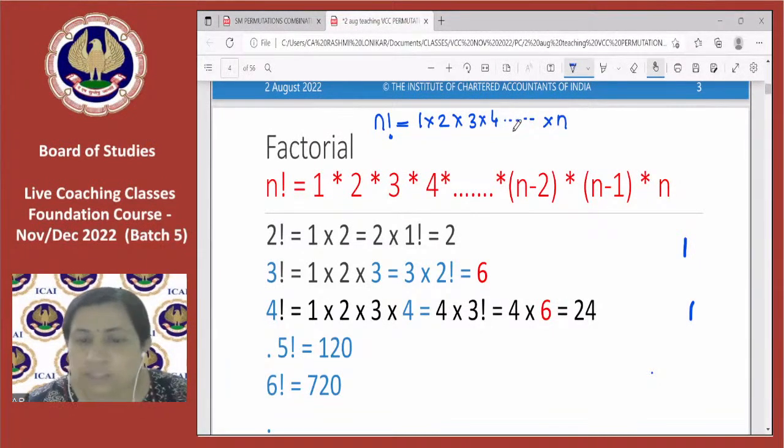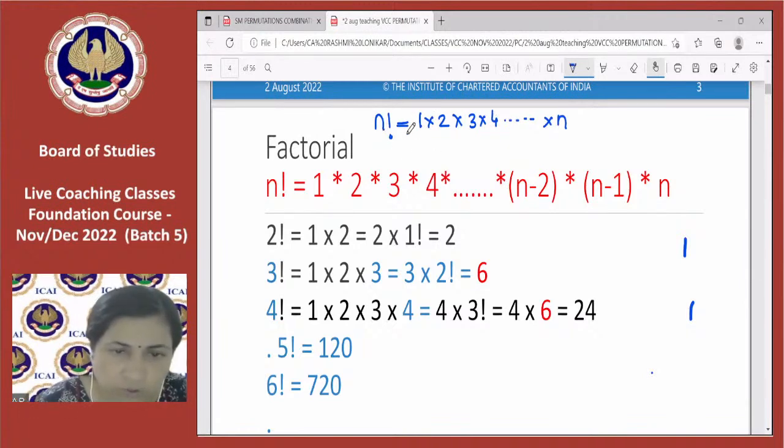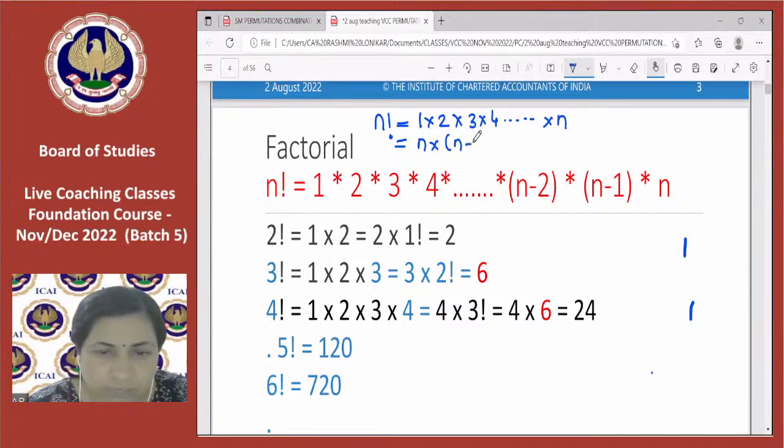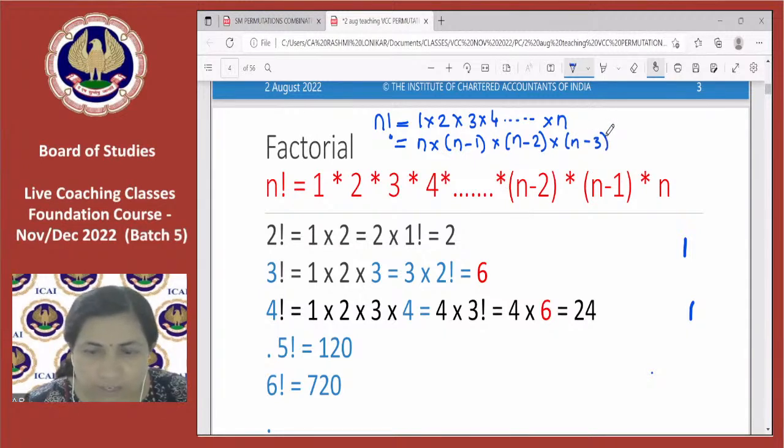Or you can write it this way: n into n minus 1 into n minus 2 into n minus 3, and I will go up to 1.